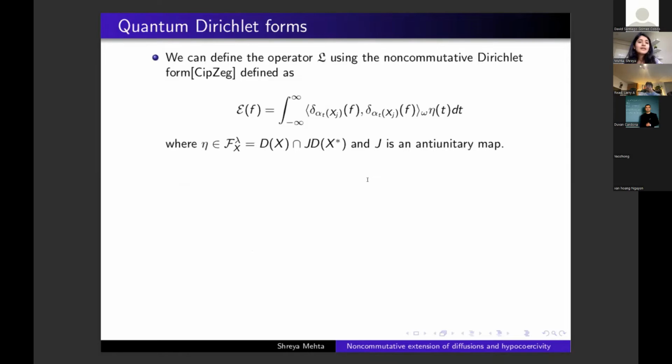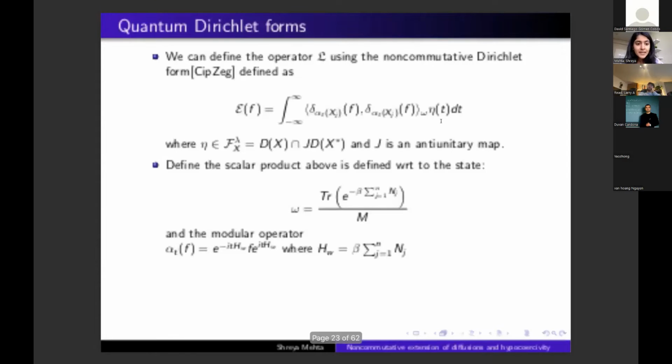The next way we can define these generators is using the quantum Dirichlet forms, which in the non-commutative setting can be defined as the integral over the scalar product of the derivations and this function eta, which satisfies some properties.